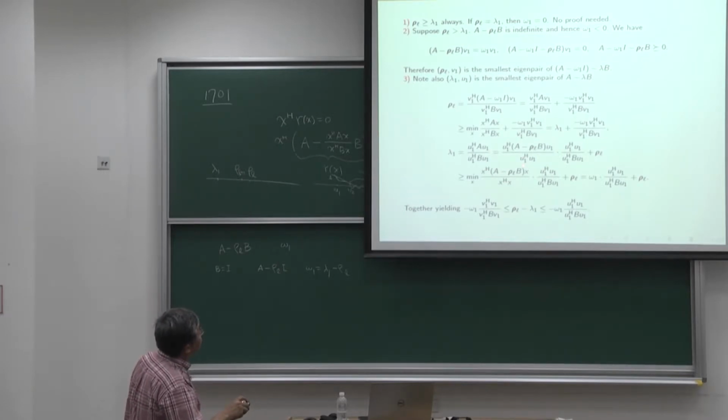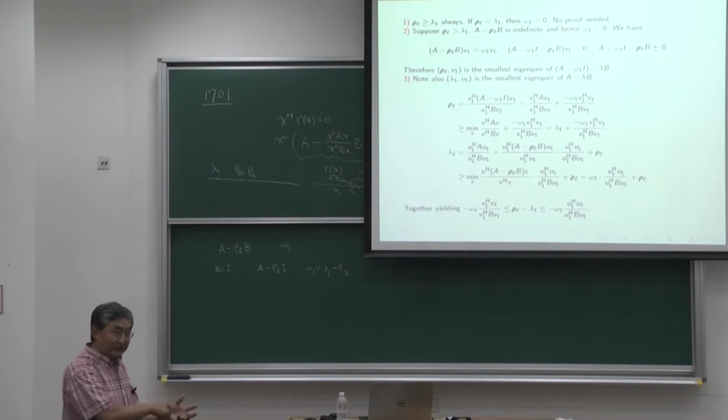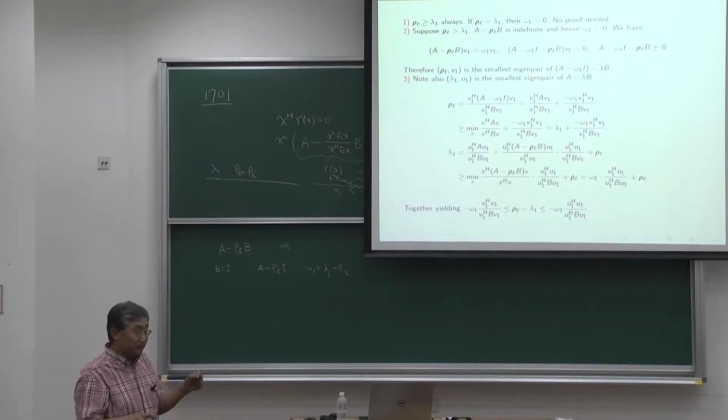This expression basically cancels u1 transpose u1. So basically rewrite the first term. If you look at that, the numerator is A minus rho L B, and then you add rho L. That is, you add a term and subtract a term.